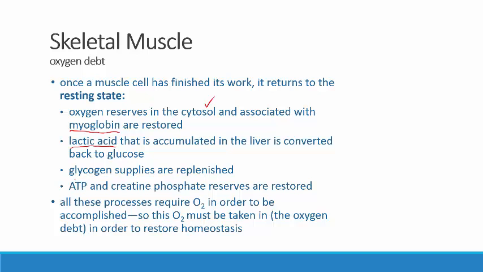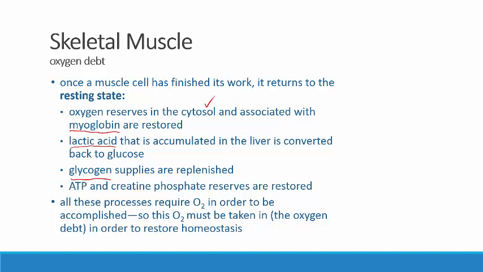We also have to refill the cell with glycogen. So remember, we've used glucose in the cell, and so the glycogen stores got tapped into, and we have to bring into the cell more glucose and then tuck it away as glycogen.